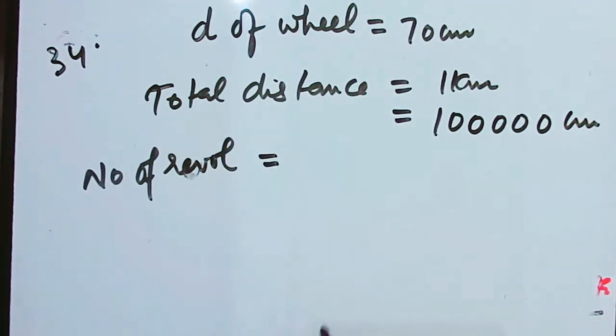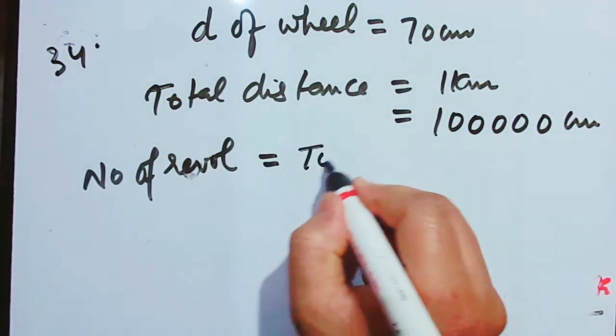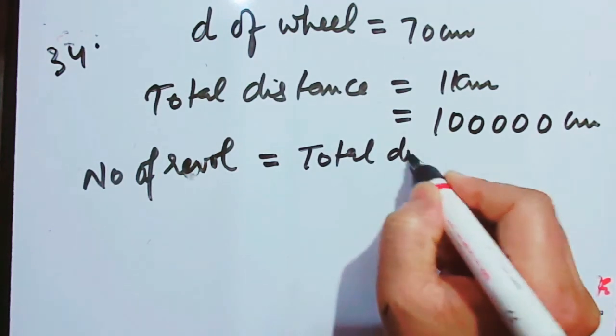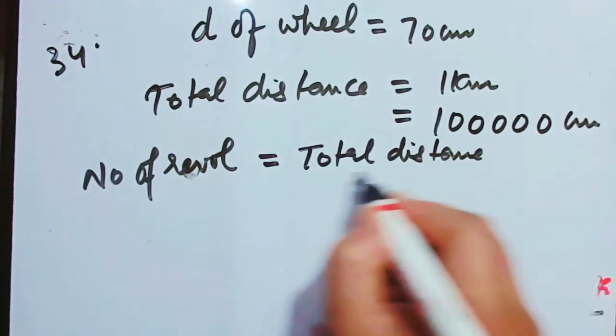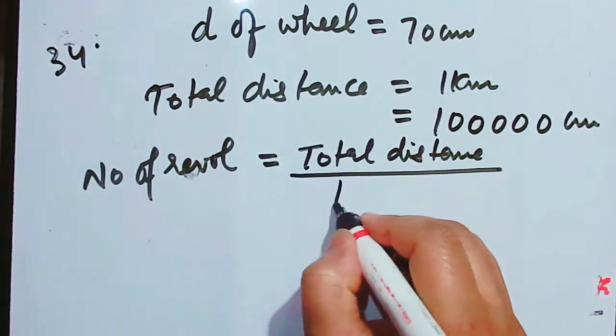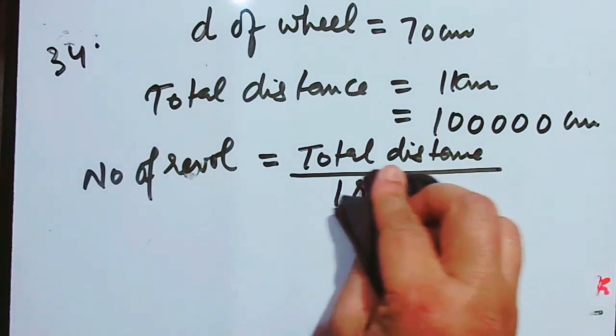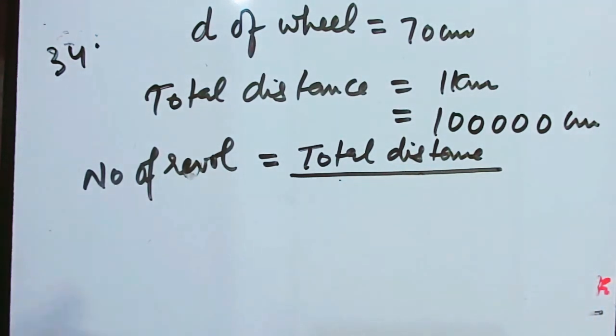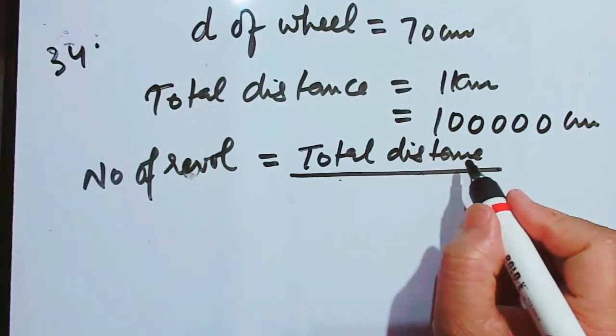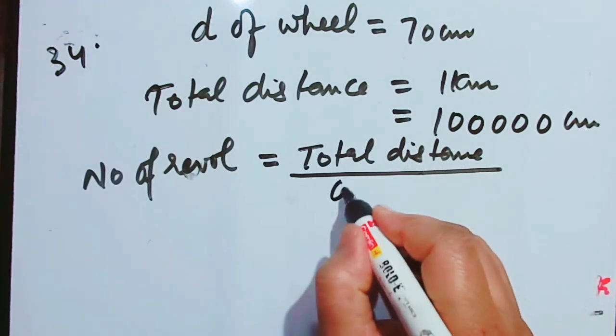Therefore, number of revolutions is equal to total distance divided by one revolution, and this one revolution is nothing but the distance traveled in one revolution, that is equal to circumference.